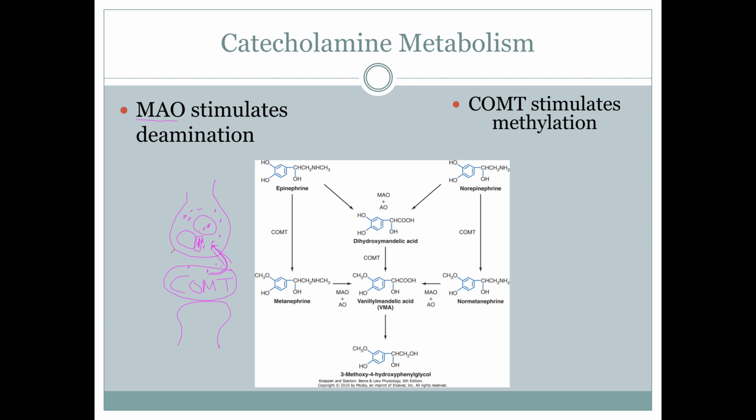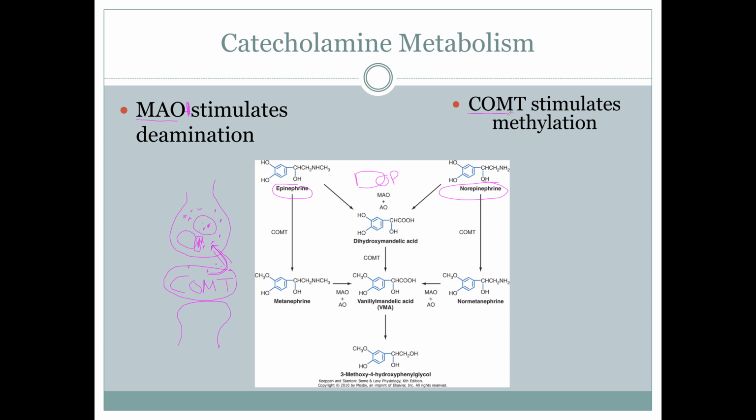For just your little pharmacology tie-in, you've probably heard of MAOIs. MAOIs are monoamine oxidase inhibitors, and they're used to treat things like depression. And the idea is that if there's more associated circulating catecholamines, and there'd be some dopamine on here too, then it has more of a chance to bind to its receptors, and then you feel better.